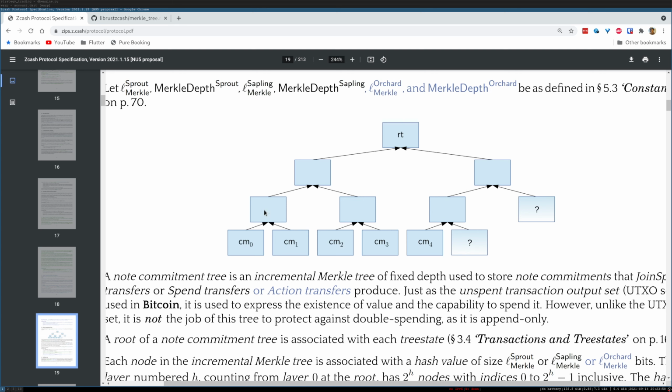And also, these two guys are combined to give you this one. So by the time you get CM4, all these guys are calculated and they cannot change, right? So there's no point for you to store the value of CM0, CM1, CM2, CM3, neither the values of these two nodes here, because all these nodes only participate in calculating the hash of this guy, right? And then with only this value, you can proceed further.